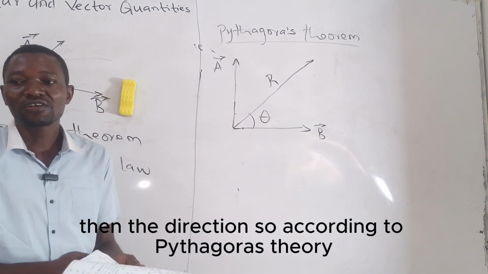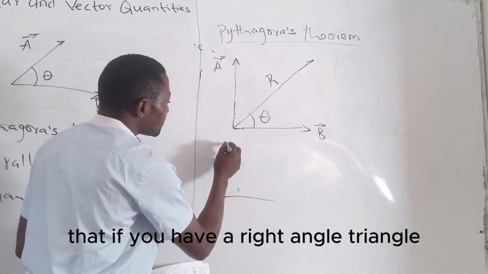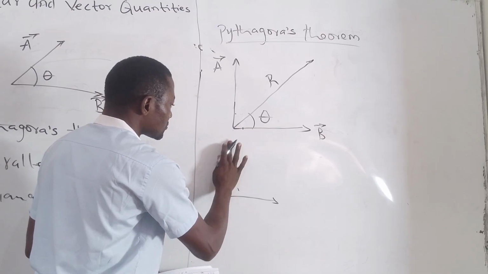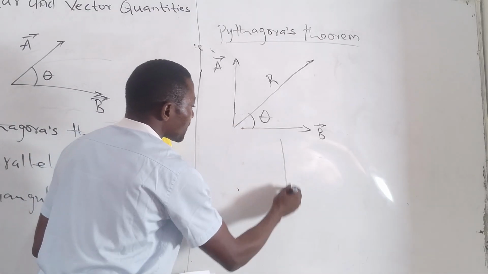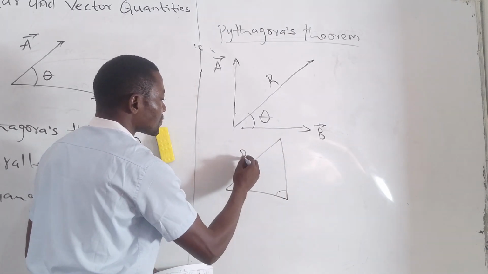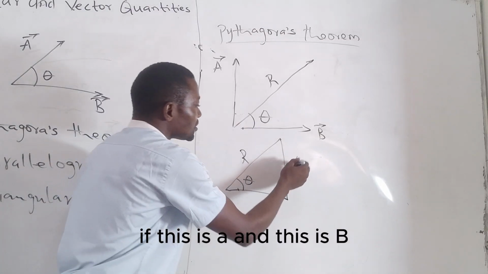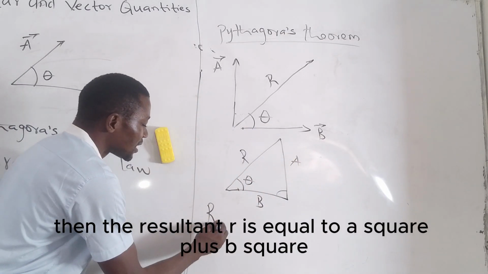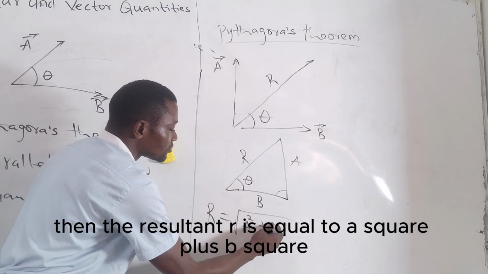So according to Pythagoras theorem, if you have a right angle triangle, if this is A and this is B, then the resultant R is equal to the square root of A square plus B square.